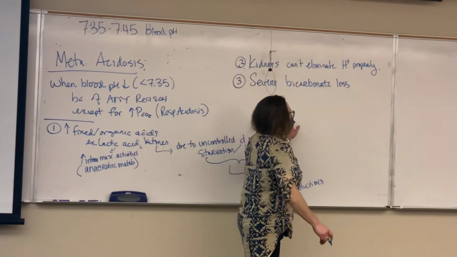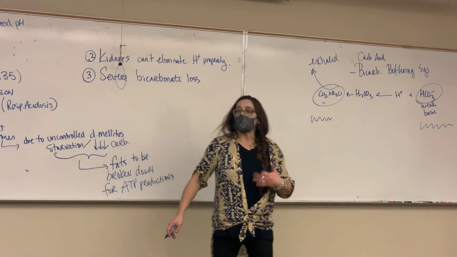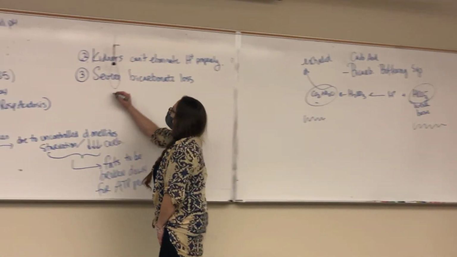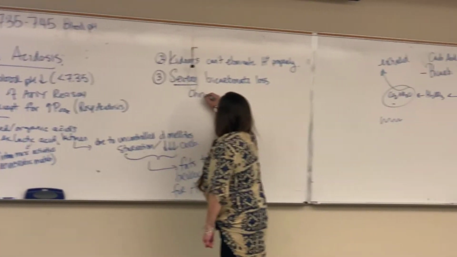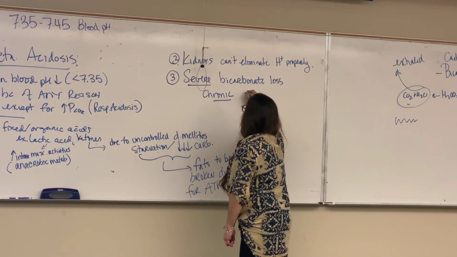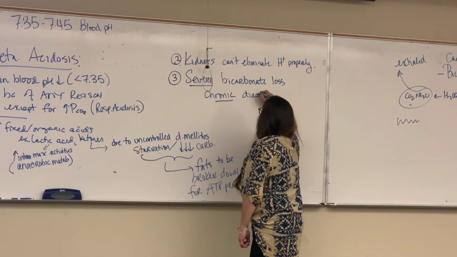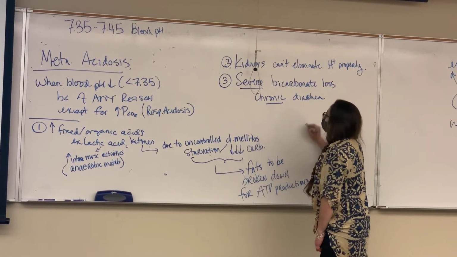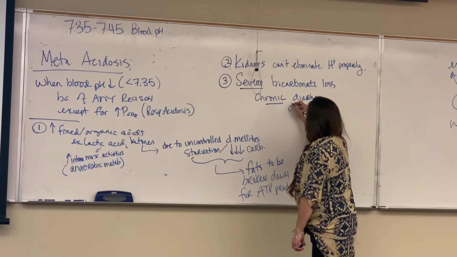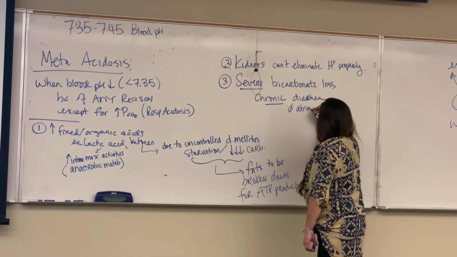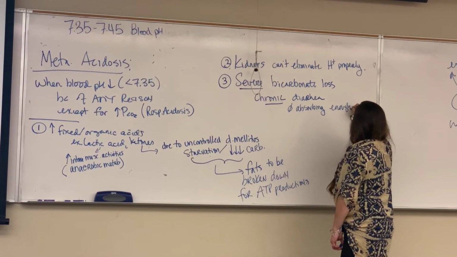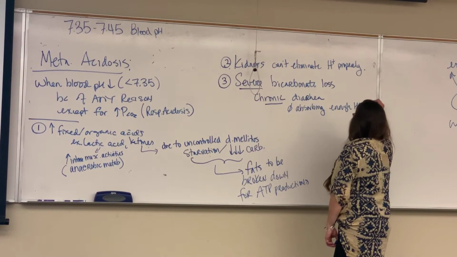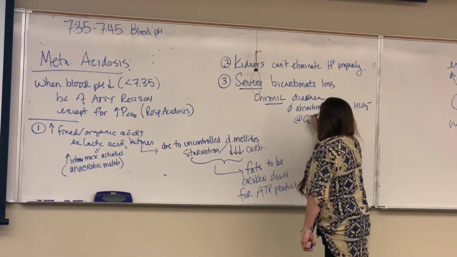So again, this might be somebody that has irritable bowel syndrome, something like that. So severe is the key word, and chronic is the other key word, chronic diarrhea. Okay. So here you're not absorbing enough bicarb at your GI tract.